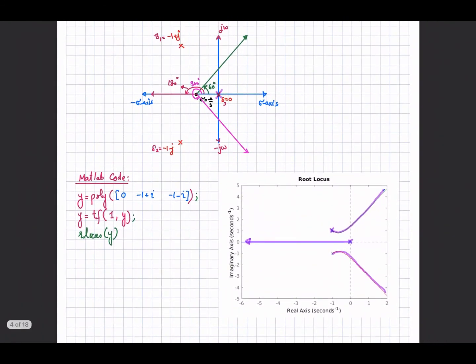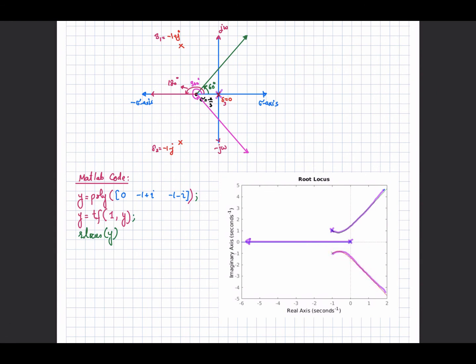Just observe the pole at the origin moving along this asymptote. The pole that was over here is going to take this path, and similarly this pole is going to take this path. That is the exact root locus.